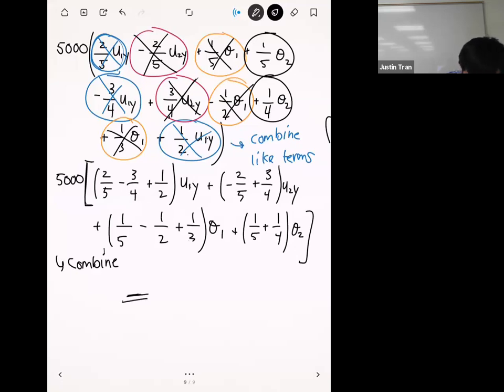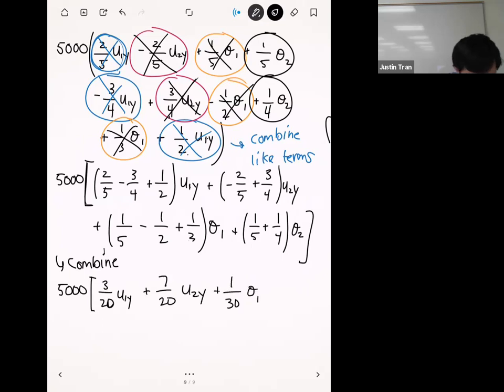All right, so we have our 5,000 on the outside, then we have a 3/20 U1y, we have a 7/20 U2y, plus 1/30 theta 1 plus 9/20 theta 2.